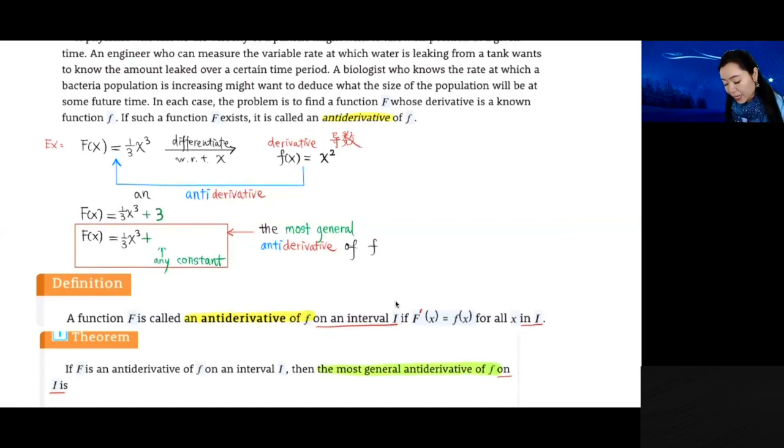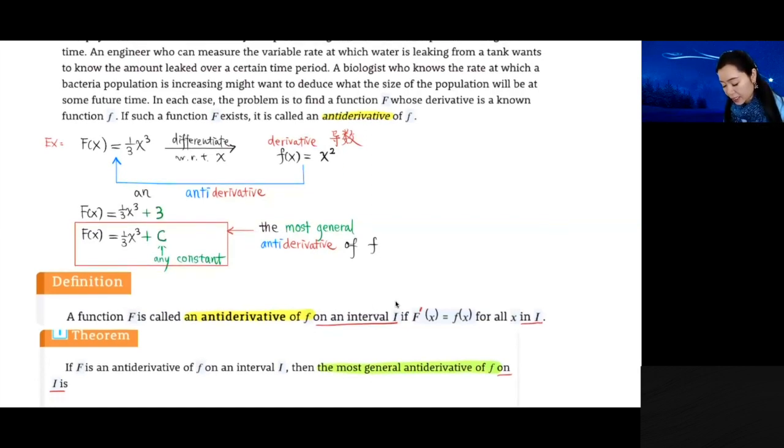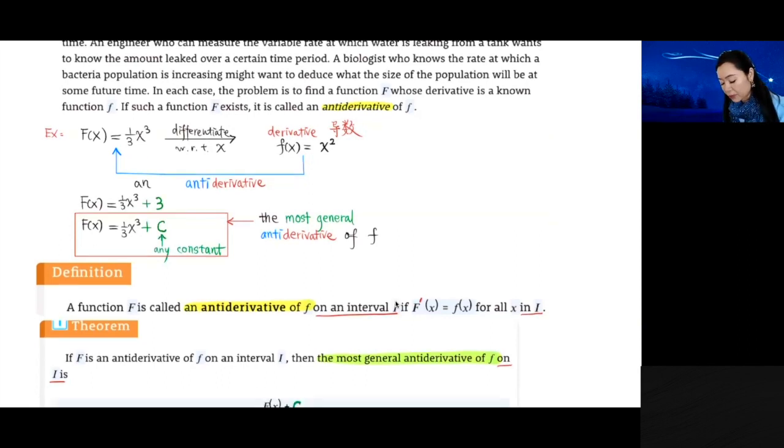In fact, you can add any constant, any c, to this 1/3 x cubed. All of them will have the same derivative, x squared. So it will be 1/3 x cubed plus c, where c represents any constant. That's called the most general antiderivative of this function.